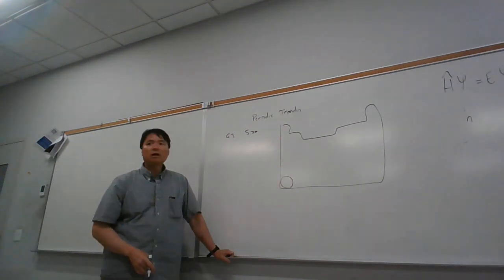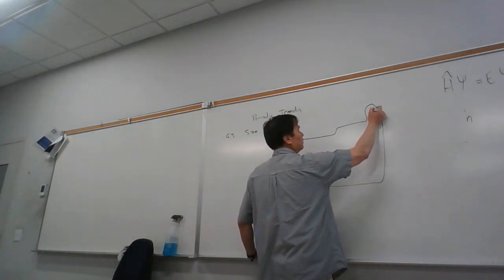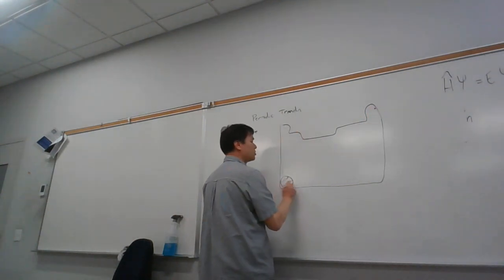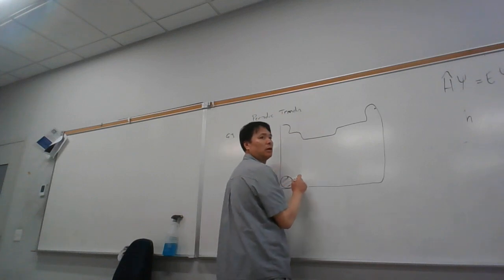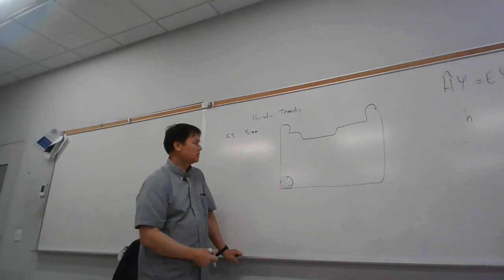And the smallest atom would be on the top right. And so this is the size trend here. Helium would be the smallest, right? Helium's the smallest, francium or cesium is the biggest.